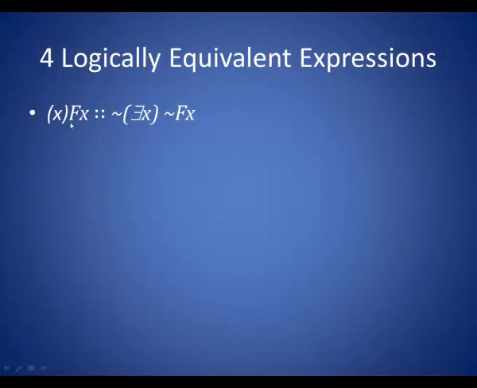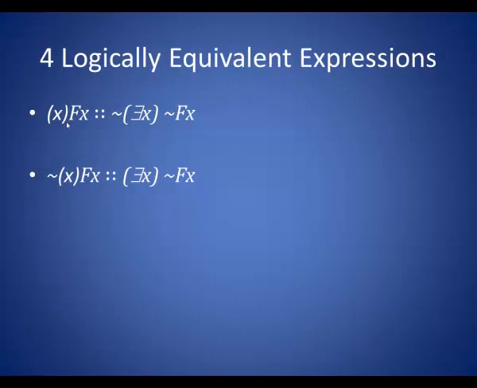So the universal statement on the left, logically equivalent to the existential statement on the right. The universal statement on the left, again, says for all x, x is f. The existential statement on the right says it's not the case that there exists an x such that that x is not f.